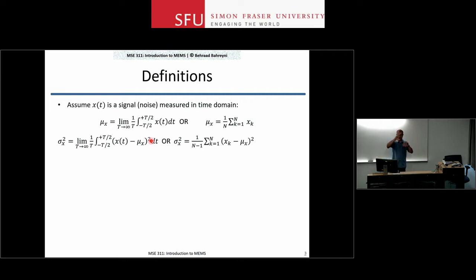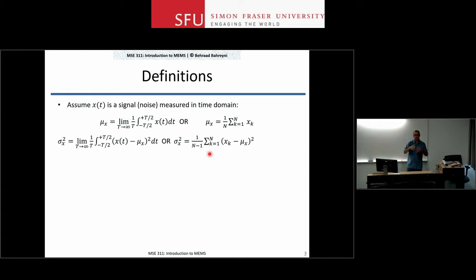I want the differences to matter. So I square it and integrate it over time. As I make t approach infinity, I get the variance. If you have a discrete signal, this is how you calculate the variance. Again, you take mu x, calculate the mean, subtract the instantaneous value from that, square it, and add it up.